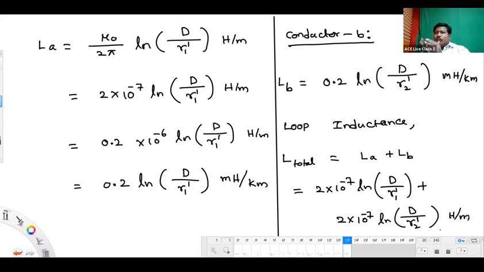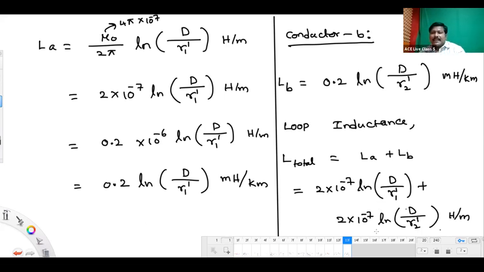Now you add these two together, we'll get L total. Do that calculation, do that addition. This mu naught value 4 pi into 10 power minus 7 I have mentioned already. That by 2 pi will give this one. So let's continue with this: 2 into 10 power minus 7 is common.